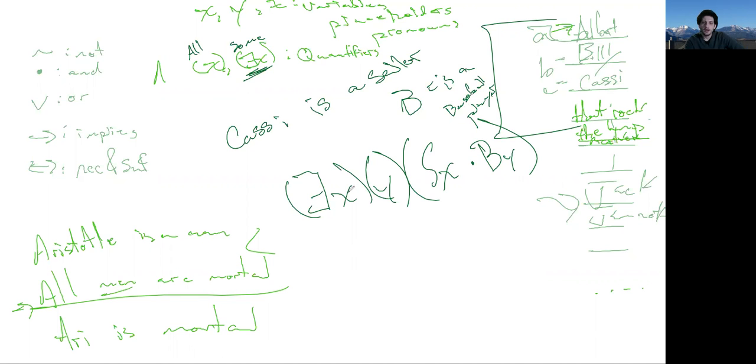It's not true. But we still want to be able to translate sentences regardless of whether they're true or false. They still have meaning. So the idea here is you're saying there are some people, and then you go find where that variable occurs to figure out what you're trying to say about the some people. And then you say such that for everybody, and then you go find what you're trying to say about the for everybody.